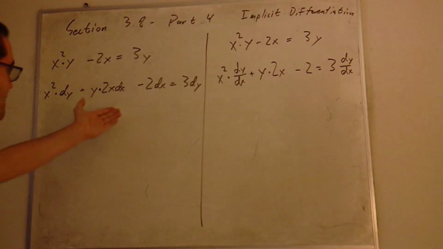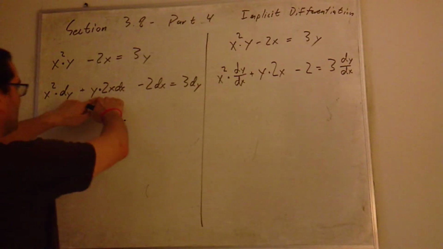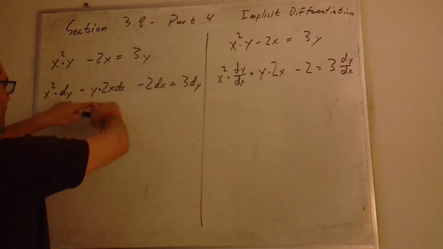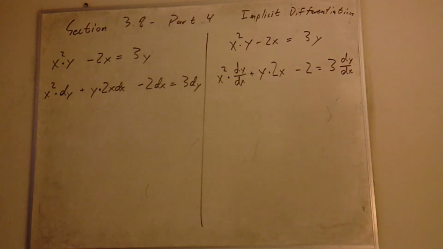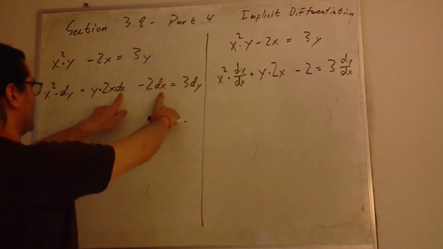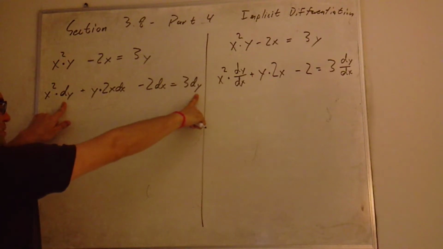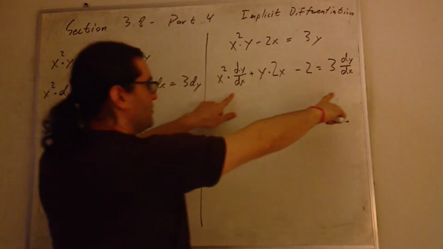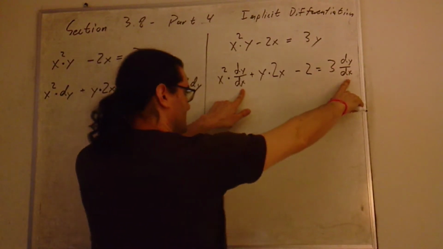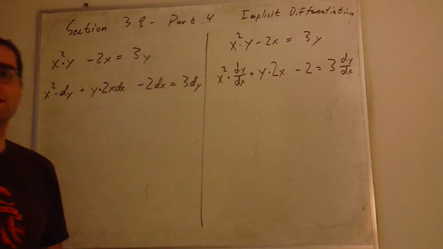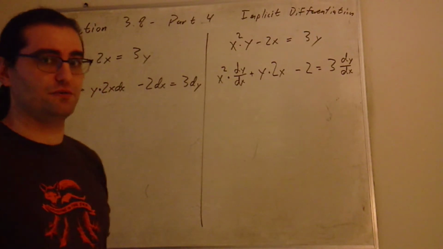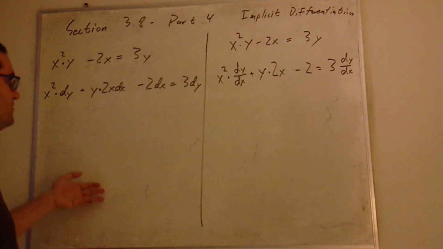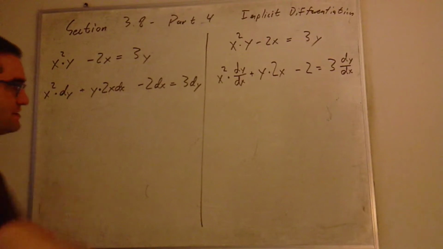Mathematically, these are the same. If you take this equation that I created, and if you divide the entire equation right now by dx, these things would cancel, and these things would turn into dy over dx. It would become exactly like this. And in fairness, dividing the entire equation by dx is something that we are going to do eventually; I just do it after I have these things isolated.